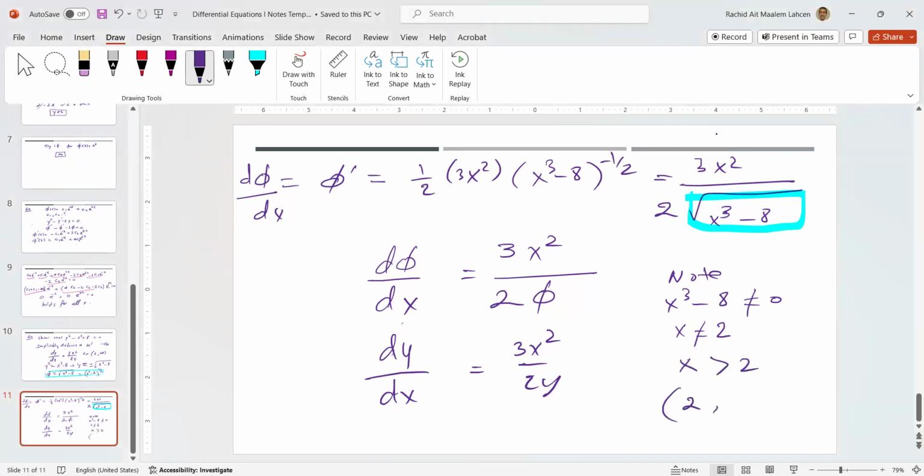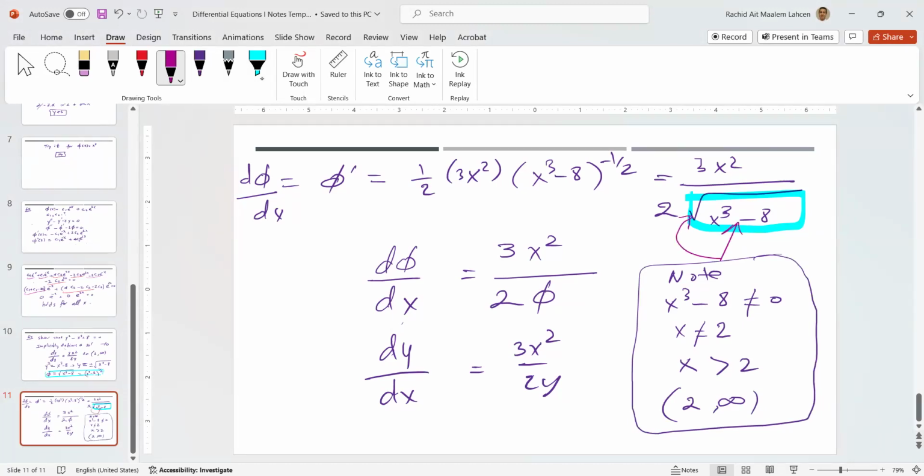That makes the interval 2 to infinity, excluding infinity, because you want that interval to be defined. If x is, say, 0, you get the square root of negative 8, which is undefined. So two things are involved here: the denominator and the square root give us the interval. And we can do the same thing for the other, the negative square root of x cubed minus 8, and we'll find that it's also an explicit solution.